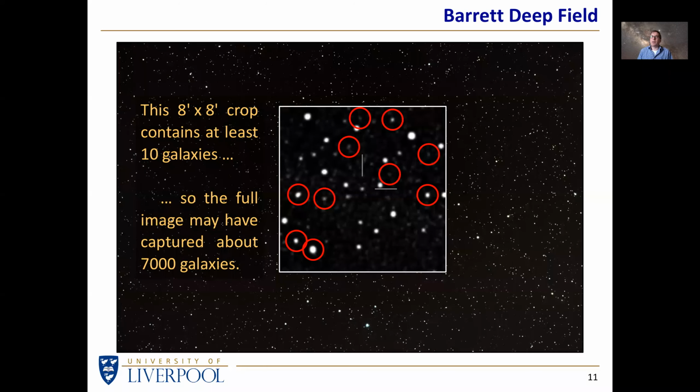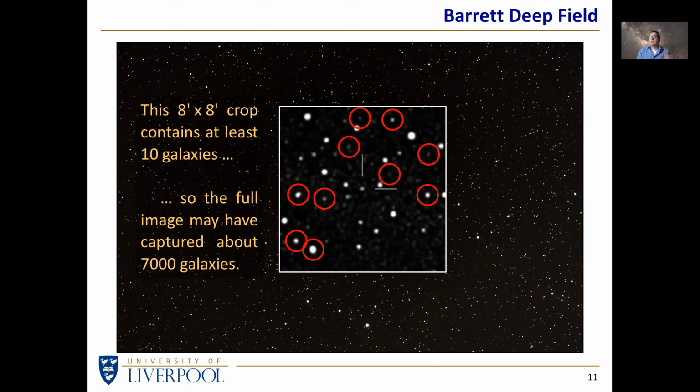And I thought that was quite curious because the Hubble deep field, taken in the 1990s, captured a similar number of galaxies. There were many thousands, I think at least 5,000 and possibly 7,000 or 8,000 galaxies in the Hubble deep field. And I thought it was curious that a camera and a telephoto lens pointing at essentially a random part of sky can also capture a similar number, many, many thousands of galaxies.